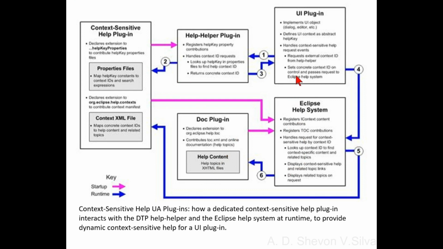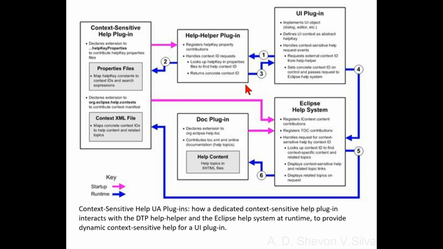In runtime, here you can see the UI plugin implements UI objects, dialog, editor, etc. It defines UI context as an abstract help key, handles context-sensitive help request events, requests concrete context IDs from the helper, sets concrete context IDs on the control and passes the request to the Eclipse help system. And the UI plugin is connected to the helper plugin.